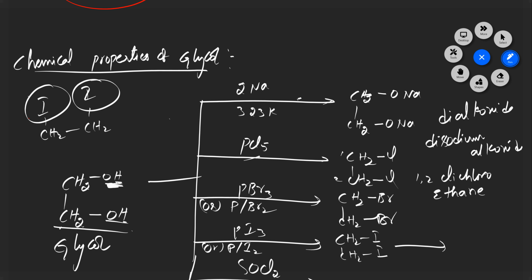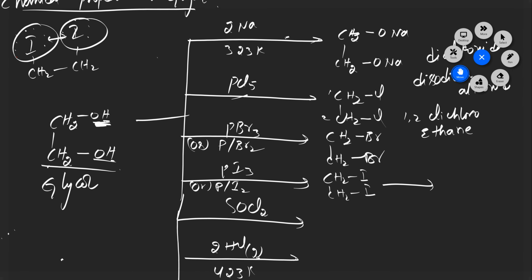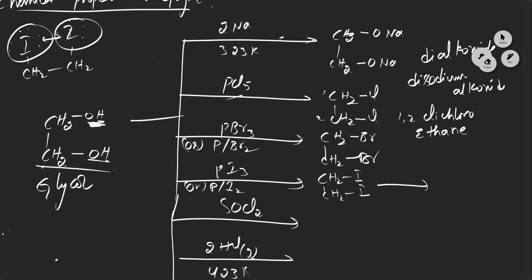These are very big size atoms, and each iodine has three lone pairs. Lone pair repulsion takes place due to the presence of big atoms on the two adjacent carbon atoms, so it is highly unstable. Due to that, it goes through an elimination reaction.